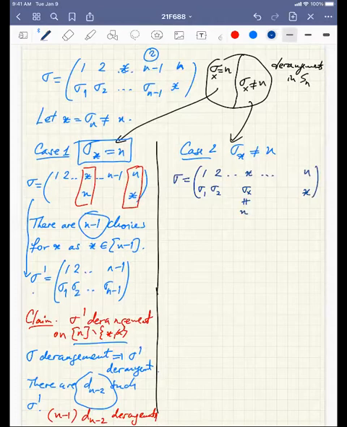So in this case, the element n, which should appear in the bottom row of the permutation sigma somewhere, is not under x. So it has to be somewhere else. So there is some z which is not x, and under that z, we are going to find our element n.